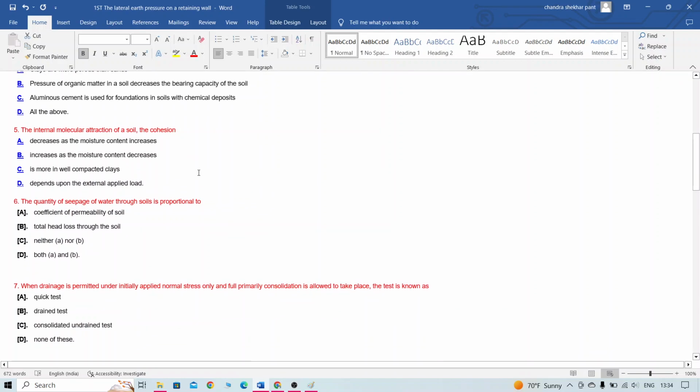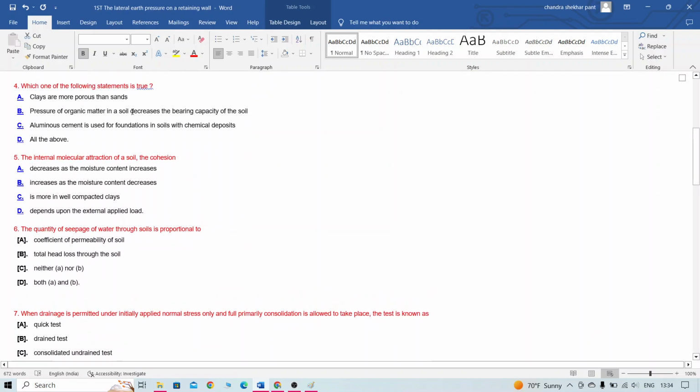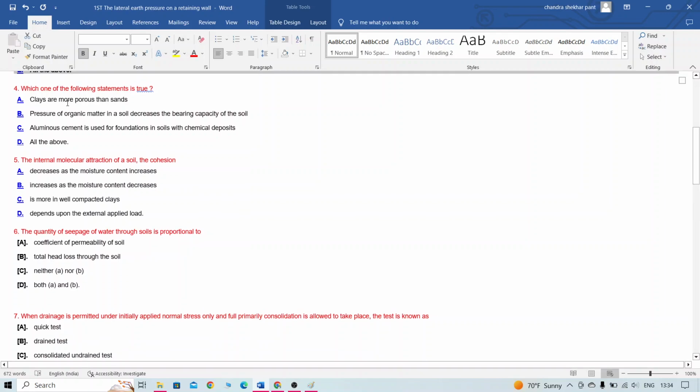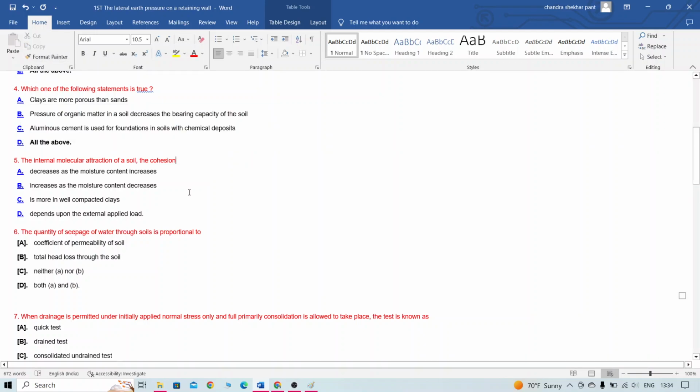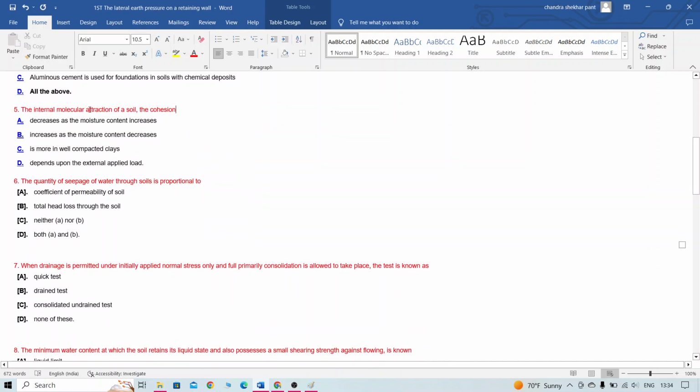The presence of organic matter in a soil decreases the bearing capacity of soil, yes. Aluminous cement is used for foundations in soils with chemical deposits, yes. So all the options are right, no problem, so we'll be marking option D as the right answer of this question.